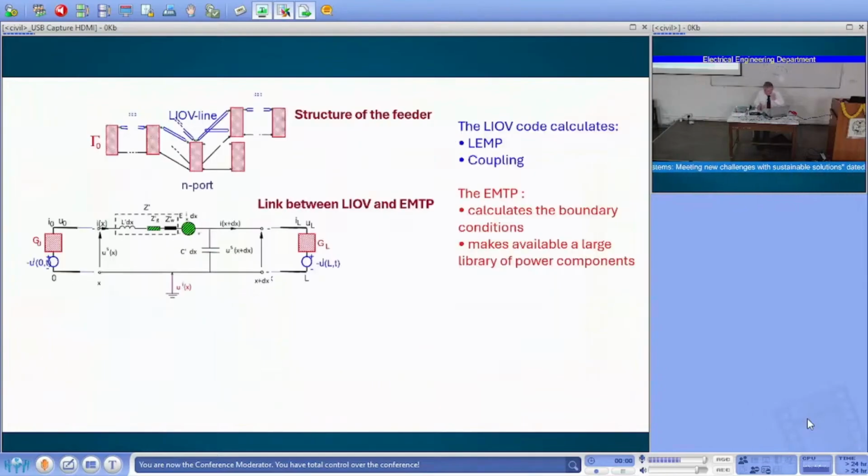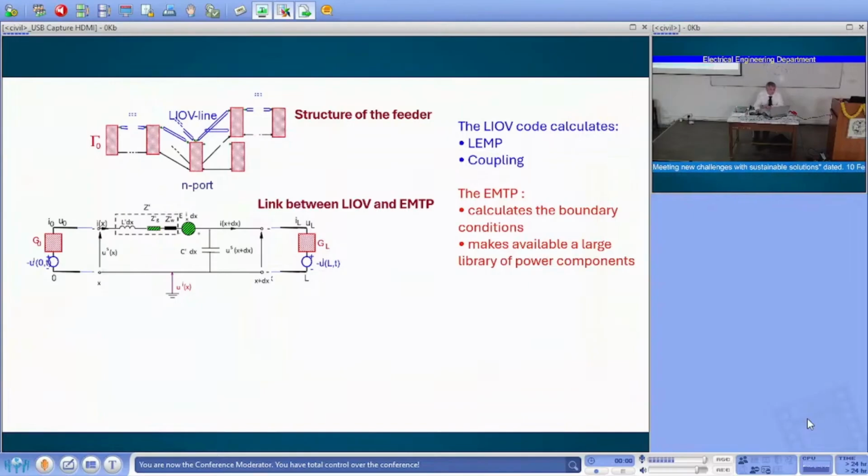In order to do the calculation for a network, we need a lot of components, not only overhead lines, but also various components. So we have implemented the model of the line illuminated by the electromagnetic field created by the lightning in the electromagnetic transient program, EMTP.